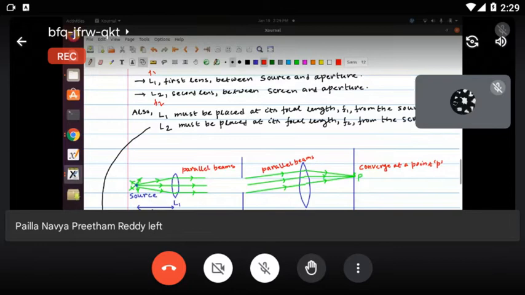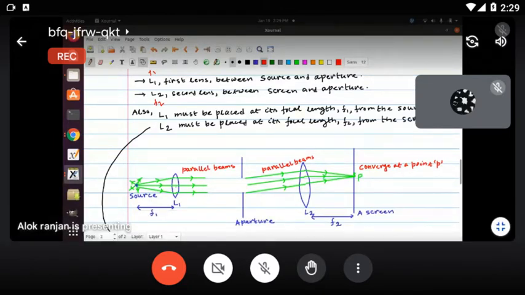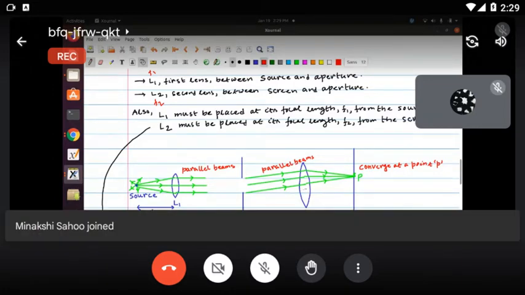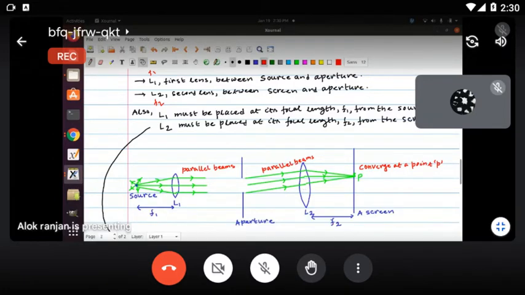So we have a source, apparatus, and the screen, and here the first lens L1. It has to be put in such a way that the distance between the source and this lens is the focal length of L1. Similarly, the second lens L2 must be put such that the distance between the second lens and the screen is its focal length f2.